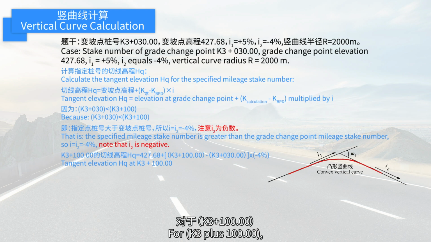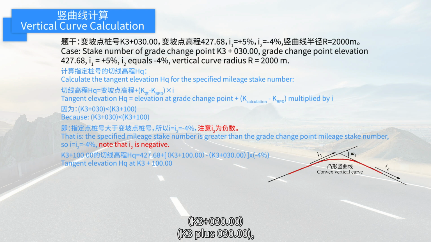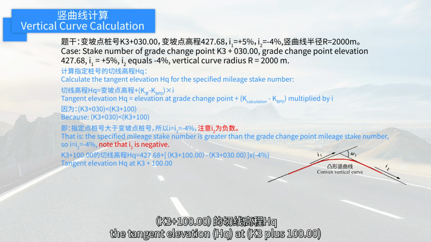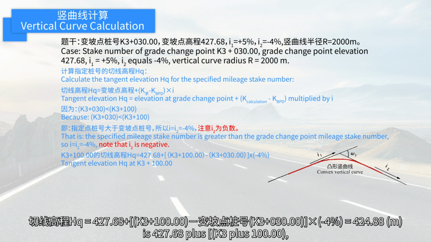For K3+100.00, since its stake number is greater than the grade change point stake number K3+030.00, the slope I equals I2, which is negative 4%. Therefore, the tangent elevation HQ at K3+100.00 is 427.68 plus K3+100.00 minus grade change point stake number K3+030.00 multiplied by negative 4%, which is 424.88 meters.